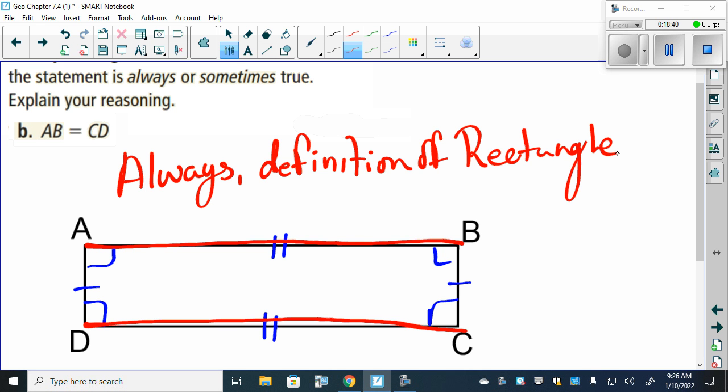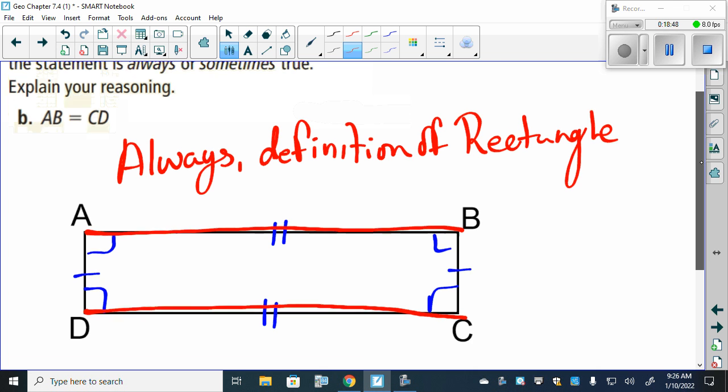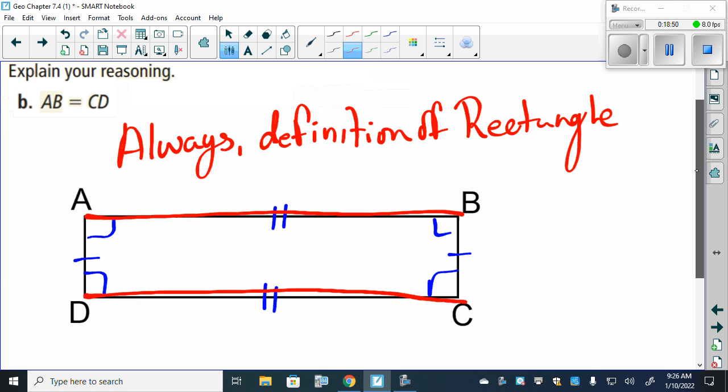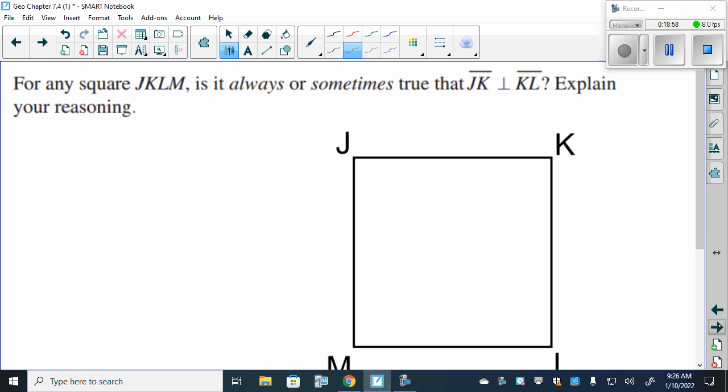Because we can also call this always kind of by the rectangle corollary, because that's what the rectangle corollary tells us. Or we can actually consider it by the properties of a parallelogram. Any questions on this here? Because actually it's not the rectangle corollary. It would be purely by the definition of parallelograms, because the rectangle corollary only tells us that all four angles are right angles. It says nothing about side lengths.